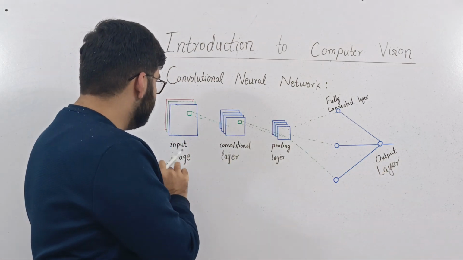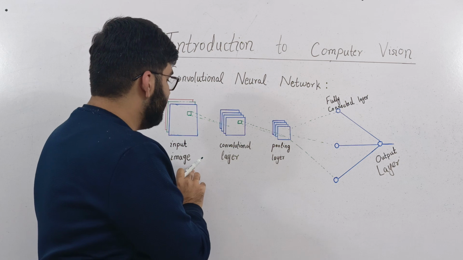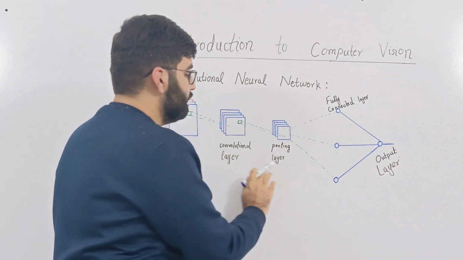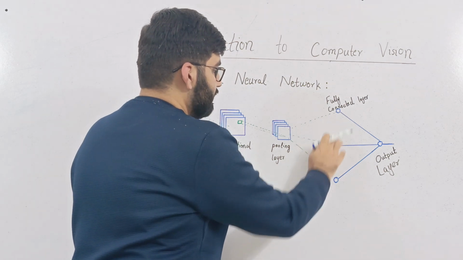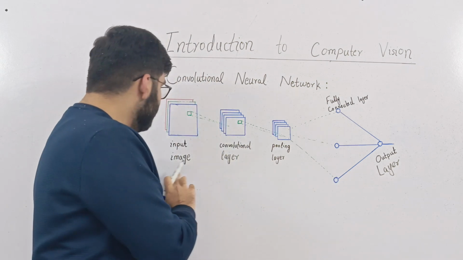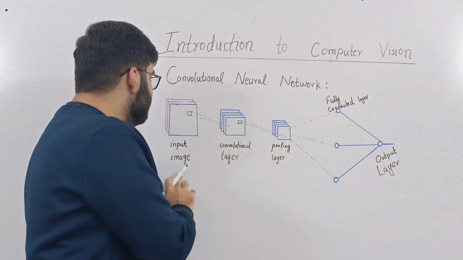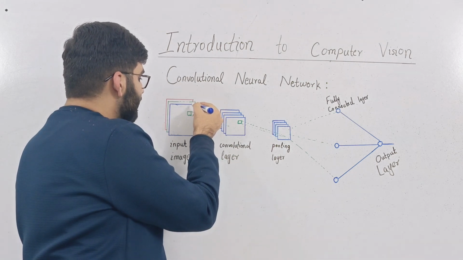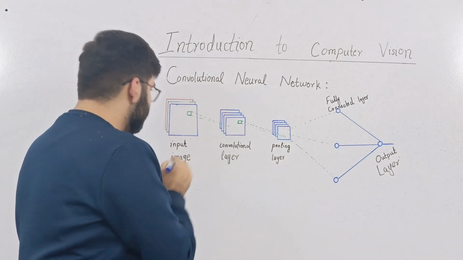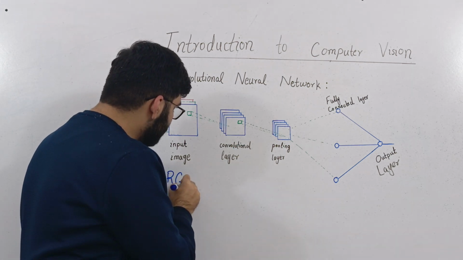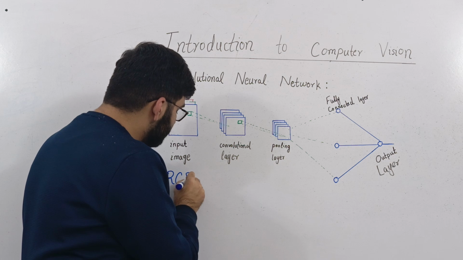It takes as input an input image and then moves it through a convolutional layer, then to a pooling layer, then to a fully connected layer, and then to an output layer. The input image contains three channels: the red channel, the green channel, and then the blue channel. So it is an RGB image: R for red, G for green, and B for blue.